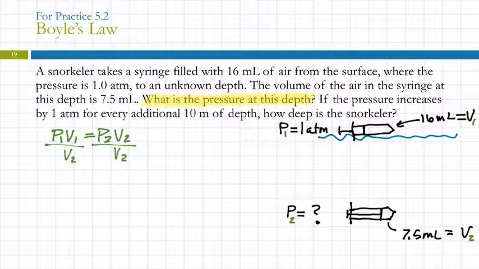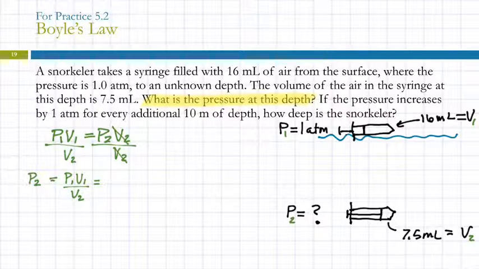The reason I chose to divide by V2 is because V2 divided by V2 is 1, and it cancels out. Okay? So P2 then is equal to P1 times V1 divided by V2. You can imagine it's really easy to get your subscripts mixed up, so be real careful with that.